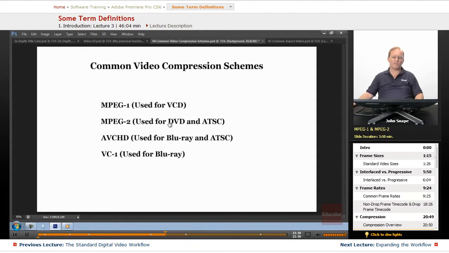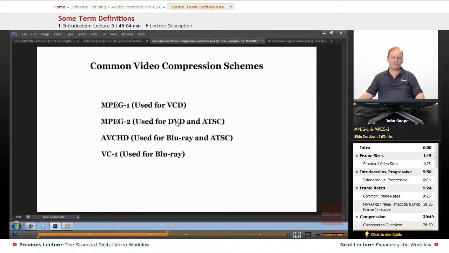The MPEG-2 originally for DVD, you had to license the compression. You couldn't just use it and then sell it. I mean, you could use it for personal use, but you couldn't then sell DVDs with MPEG-2 without paying your licensing fee to the Motion Picture Experts Group, which is in Los Angeles.